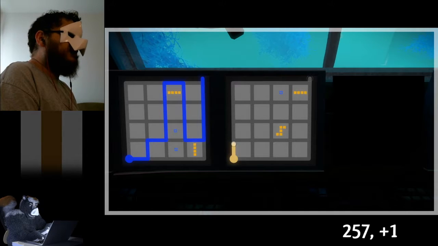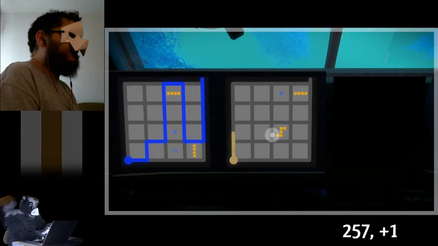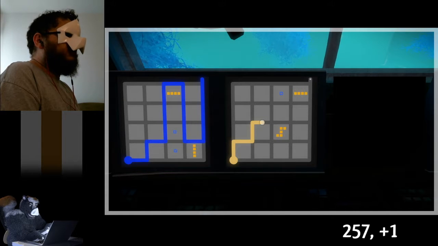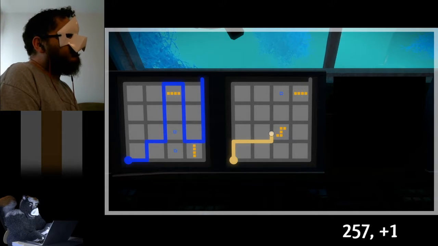So since I only get 1, that and this cannot overlap that way. But if they overlap a different way, not like that.